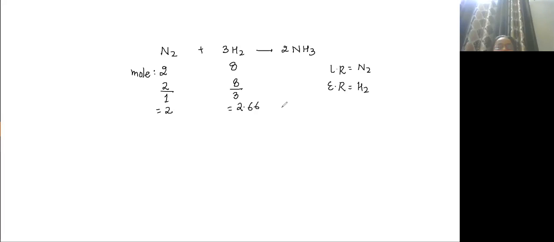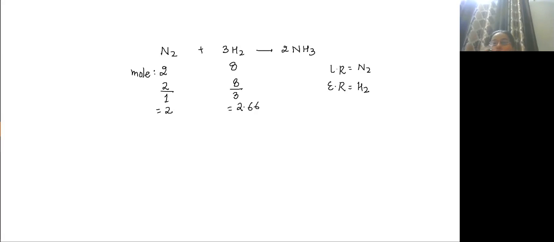Any doubt in predicting LR and ER? Just moles divided by their stoichiometric coefficient; the value which comes out less will be LR. Any doubt in this part? Now next, you have to find out moles of NH3 that is produced.